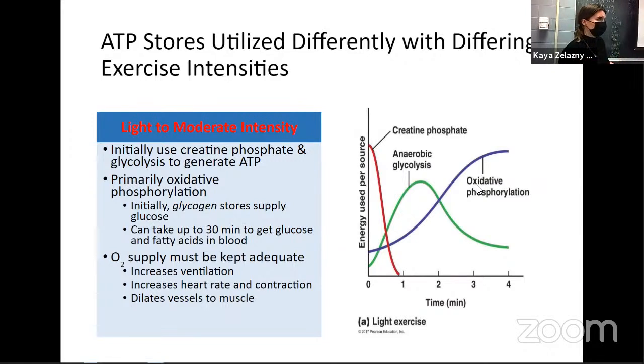If we don't have oxygen, the whole system backs up. We can't do it. So when we're looking at the fibers that are going to be using this oxidative phosphorylation method of producing energy, we're going to expect to see that they're specialized to get oxygen and to use oxygen.